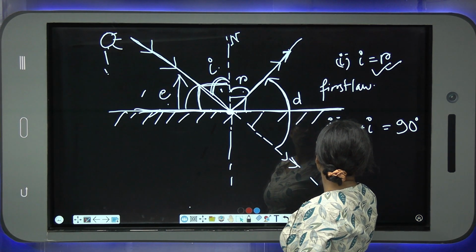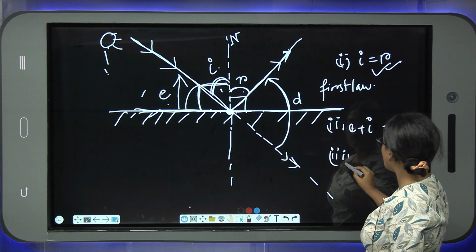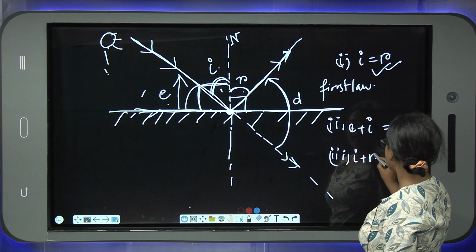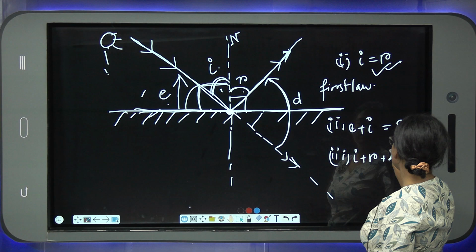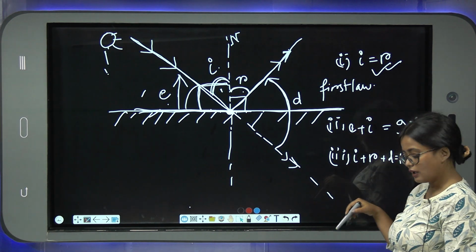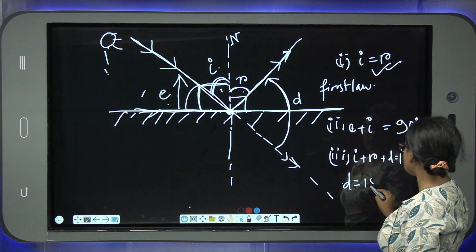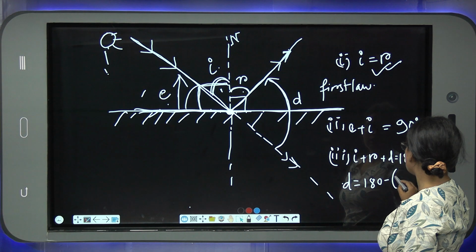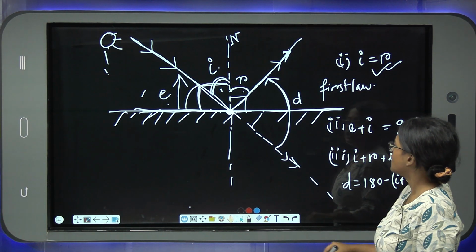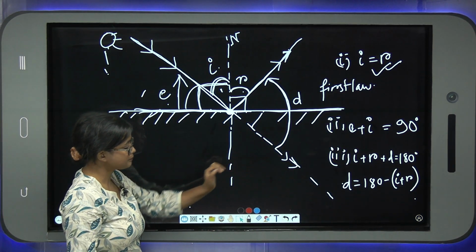A straight line has 180 degrees. So, we will see that angle of incidence plus angle of reflection plus the angle of deviation makes 180 degrees. Hence, angle of deviation can be written as 180 minus (angle of incidence plus angle of reflection). This is the first law of reflection summed up.